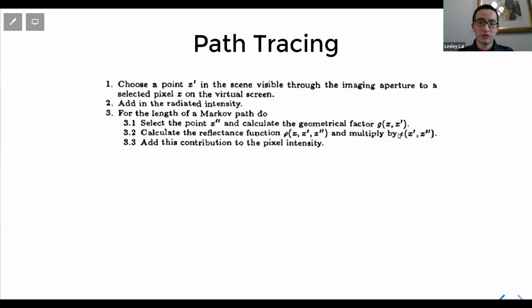This should be the original rendering equation I, but they say it's the, I don't know why they get this epsilon term here, but if I'm wrong, someone can correct me. Then we just add this contribution to the pixel intensity.